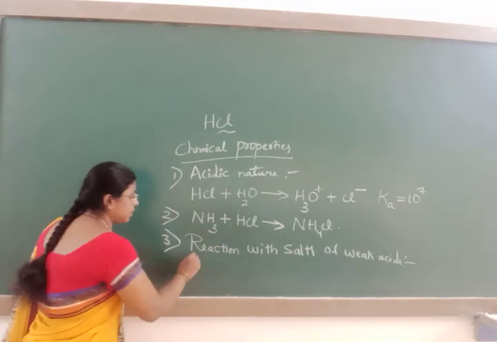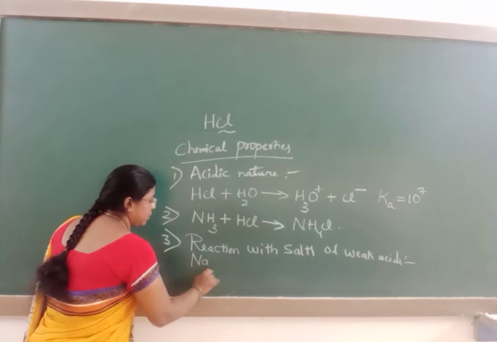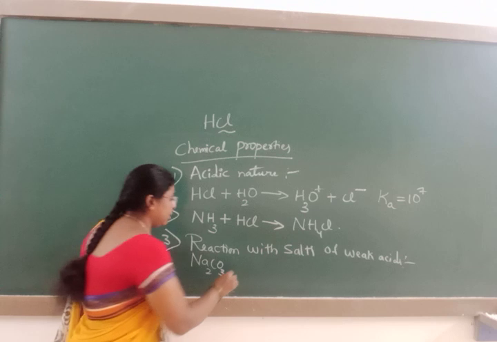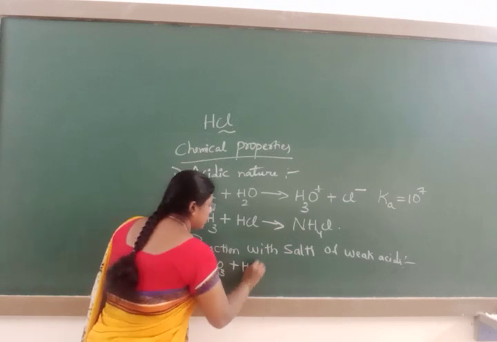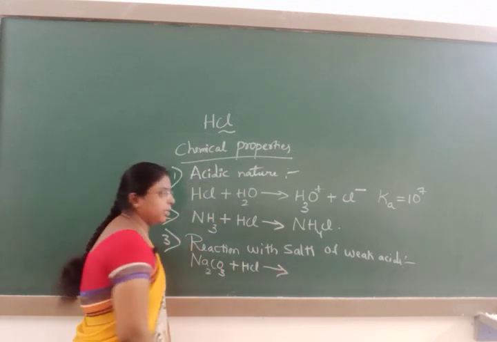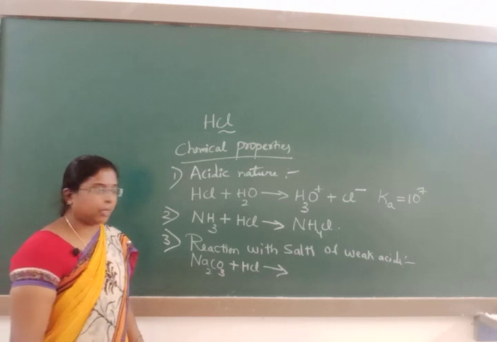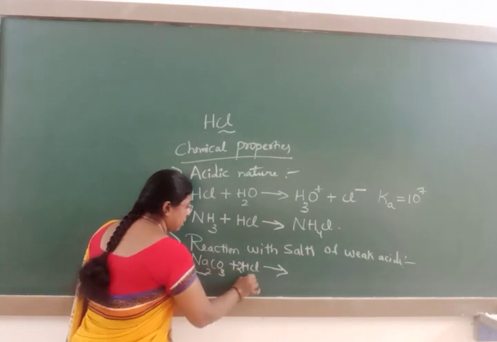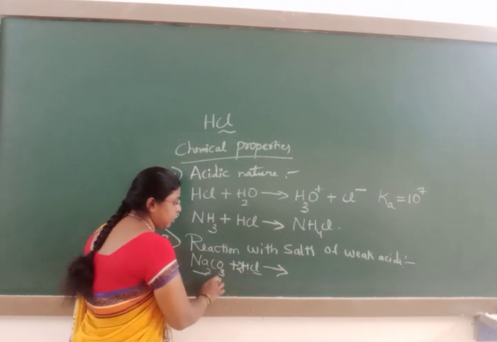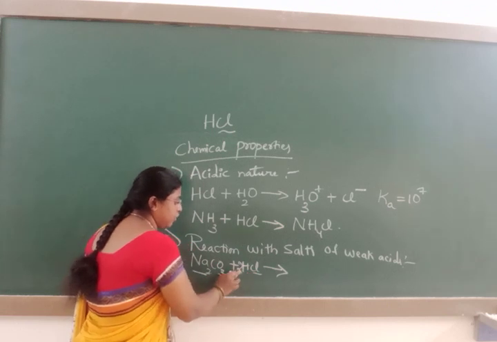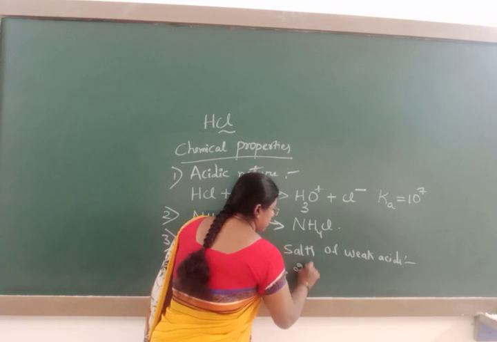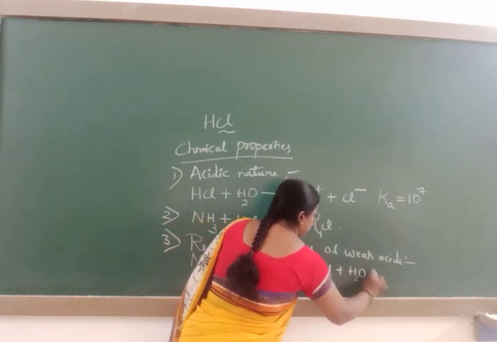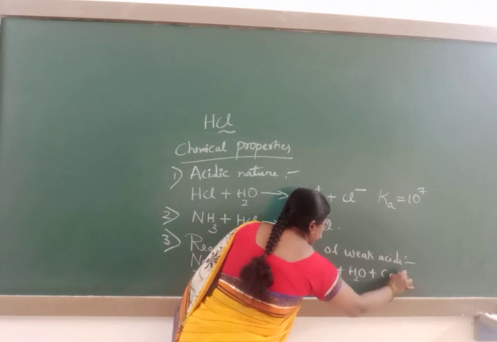If I take an example of a carbonate, it is Na2CO3. When sodium carbonate reacts with hydrochloric acid, the hydrochloric acid decomposes the sodium carbonate. You get NaCl, sodium chloride, carbon dioxide gas, along with water. And carbon dioxide gas is liberated.